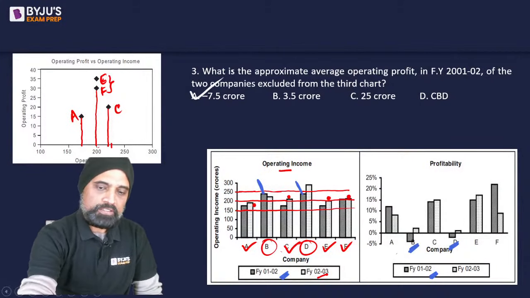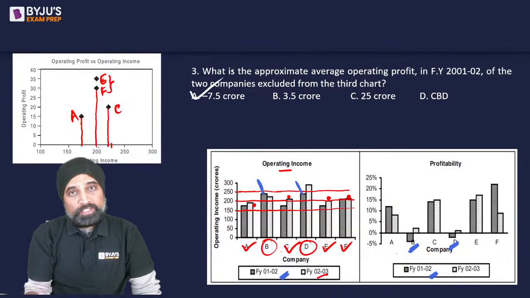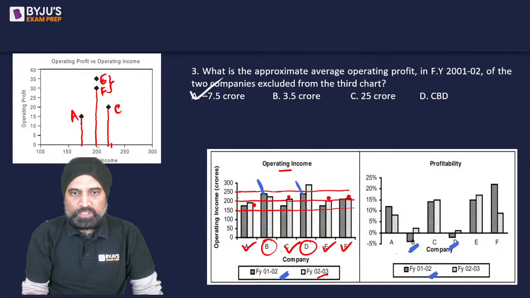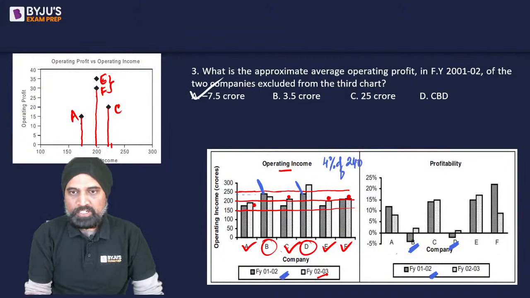Now this makes sense. So let's solve it and see, is it 7.5? This is approximately how much? This is 240 for B and this is almost like 5%, 4%. So 4% of 240, remember this is a negative sign.